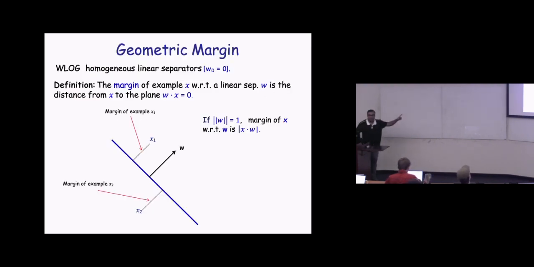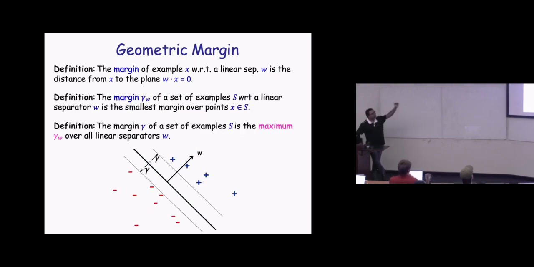Okay, you have seen this slide many times. This is the definition of the margin of a point with respect to a plane. And then we have seen this definition again many times, where you have a set of points, and with respect to a particular W, the smallest margin is the margin of a set of points. And if we don't define any particular W, then whatever W maximizes that minimum margin gives the margin of the whole set of points without any specification.